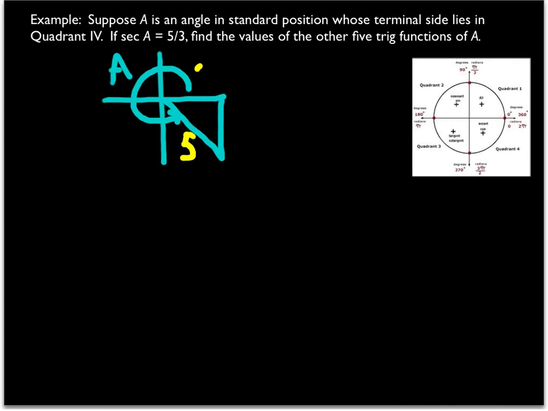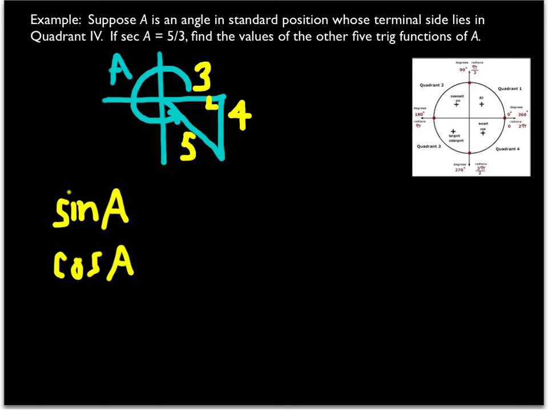So that's going to be 5, that's going to be 3, and you probably recognize there's your right triangle there. This is going to be one of these 3, 4, 5 right triangles. So when I label all the rest of these, I'm going to have the sine of A, the cosine of A, and the tangent of A. I can just go right from this diagram here.